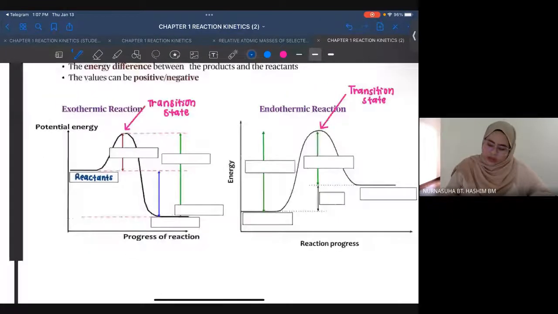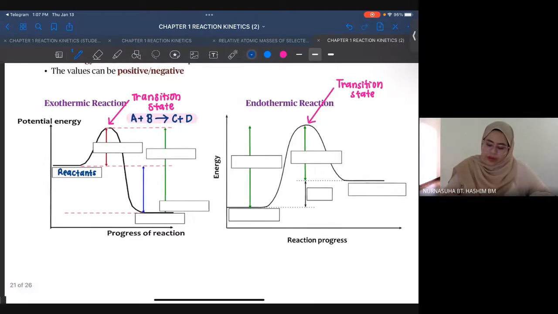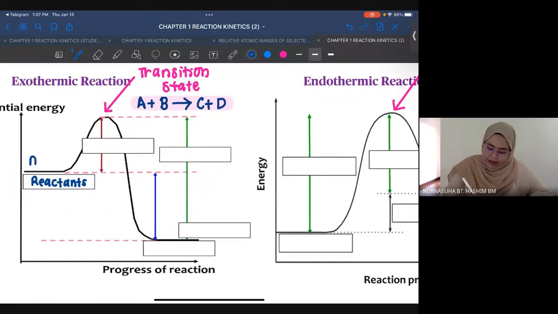Okay, so let us take an example equation, this equation: A plus B form C and D. Let us take this equation as an example. Okay, so our reactants are A and B. So label there.